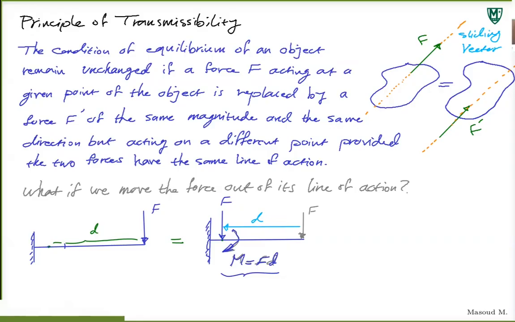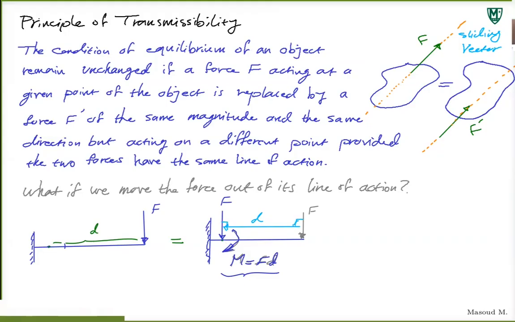If you move the force out of its line of action, you have to add a moment to the system to make sure that it's still the equivalent of the system that it was. Then that moment is found by multiplying the force and the distance between where the force was and where the force is. Remember, since it's a moment, that's the perpendicular distance.